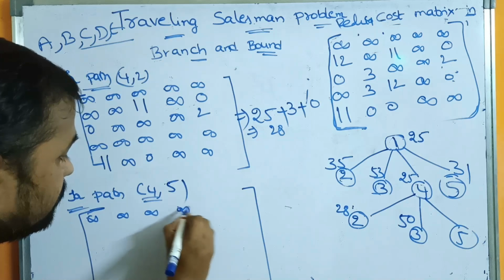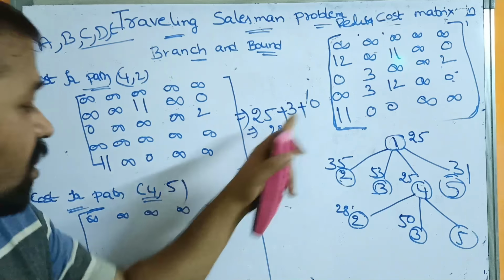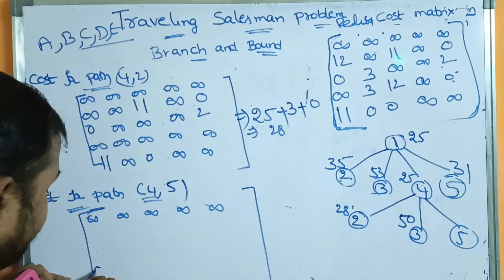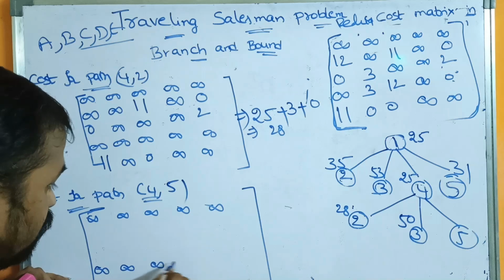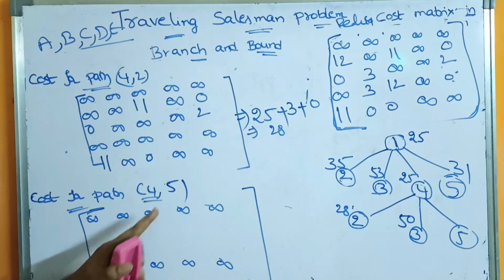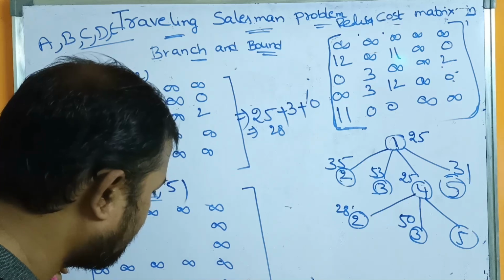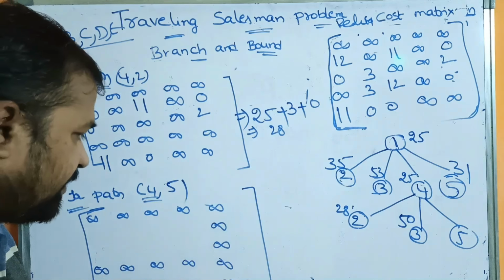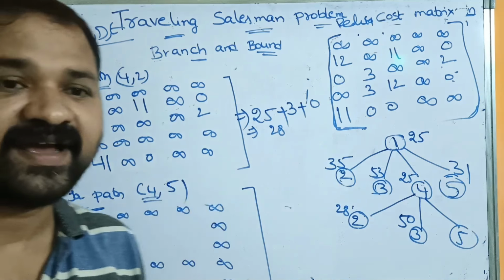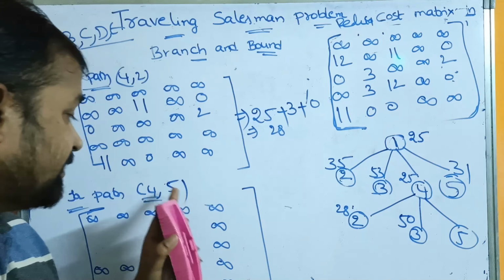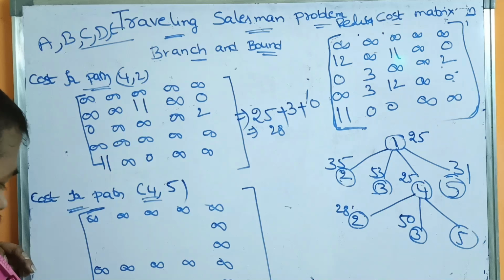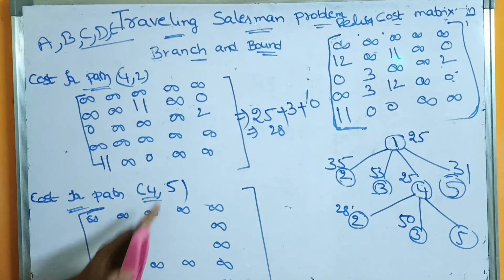Next, all entries of the fourth row are changed to infinity. This is the fourth row. Next, all entries of the fifth column are to be changed to infinity. Next, j comma 1 has to be changed to infinity. Here j means 5. So 5 comma 1. So we need to change 5 comma 1 to infinity.